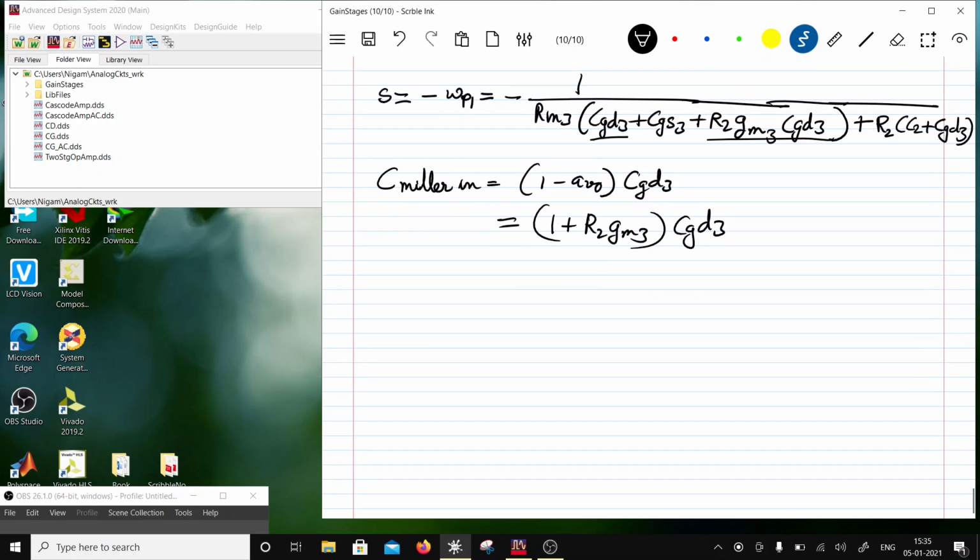For the input node, the dominant pole is given by the RC time constant, which will be R in 3 times this Miller capacitor, plus CGS3.